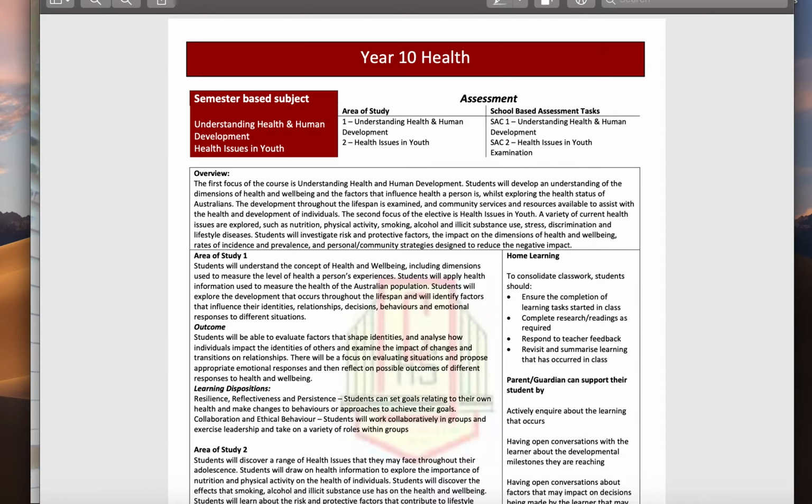Now, I thought it was interesting to go back to here and have a look at Year 10 Health as a semester-based subject. We did Understanding Health and Human Development last term with that area of study and that SAC, and we are now doing health issues in youth with this area of study and a SAC towards the end.